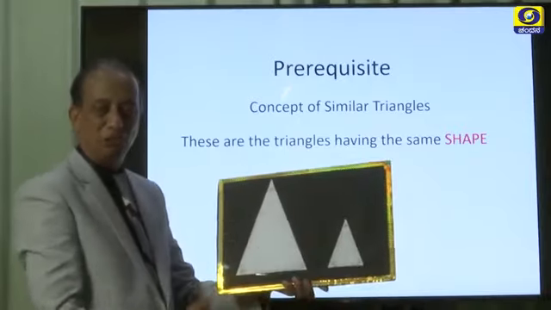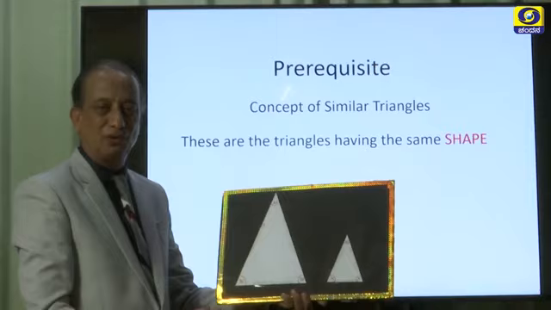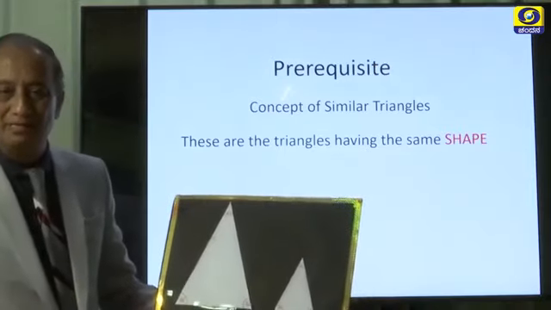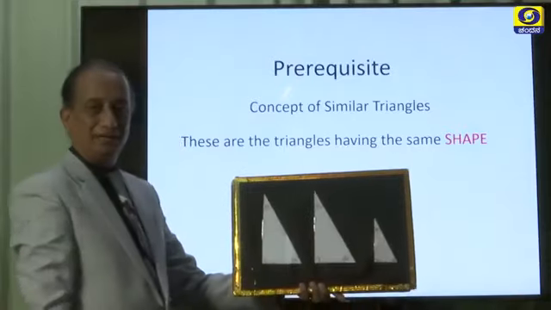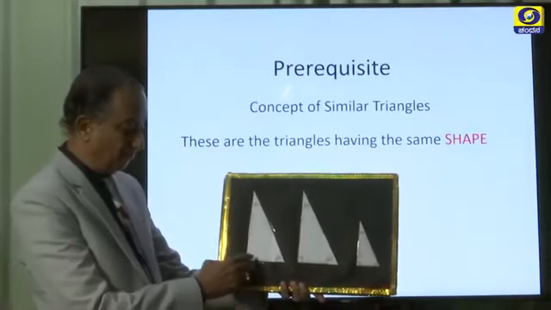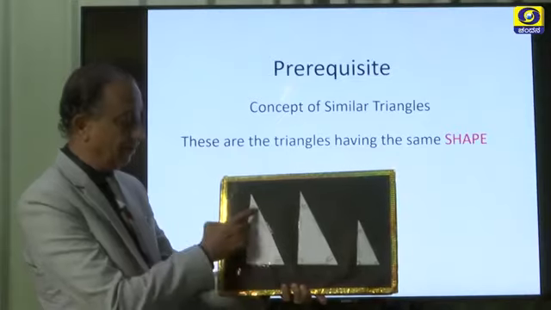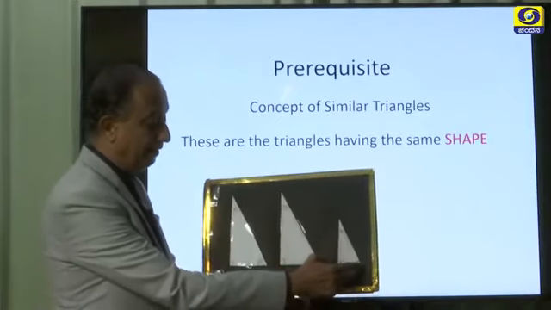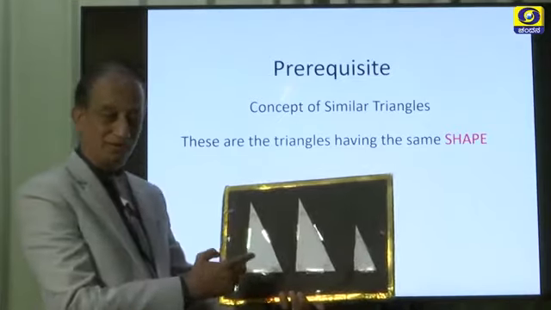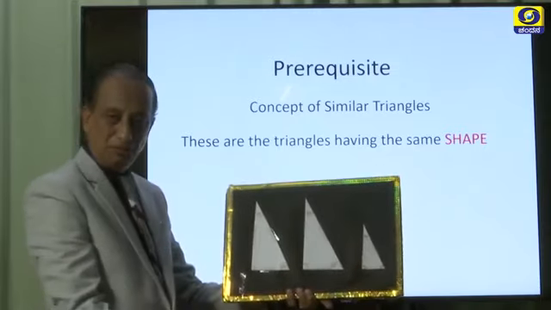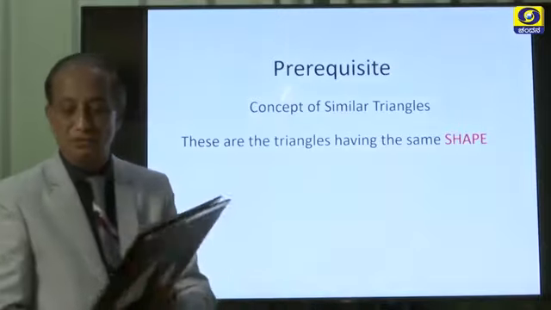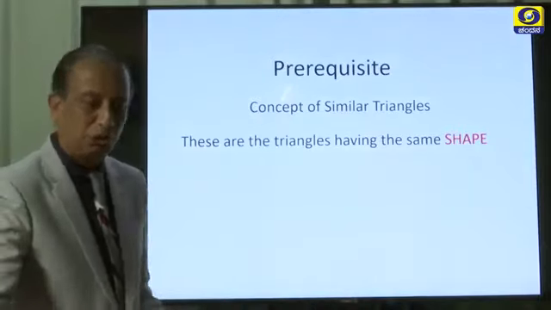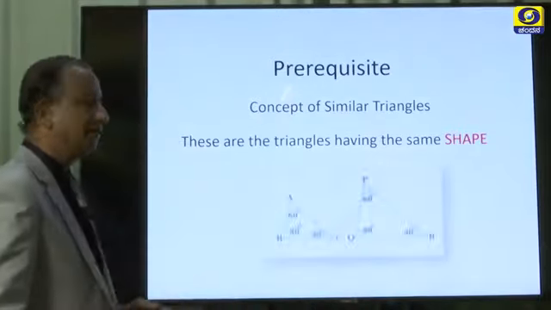They have got the same shape and these again are called similar triangles. You can see here 3 right angle triangles with 90, 65, 25 and 90, 65, 25. They have got the same shape. These are called similar triangles. So, if the triangles have the same shape, they are called similar triangles.